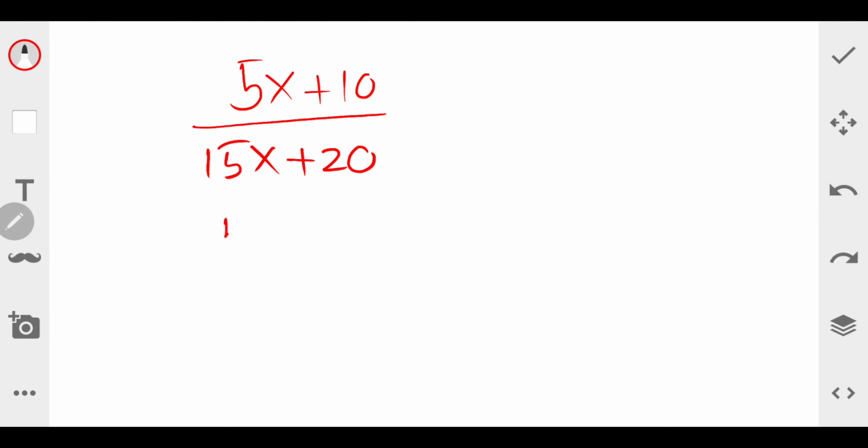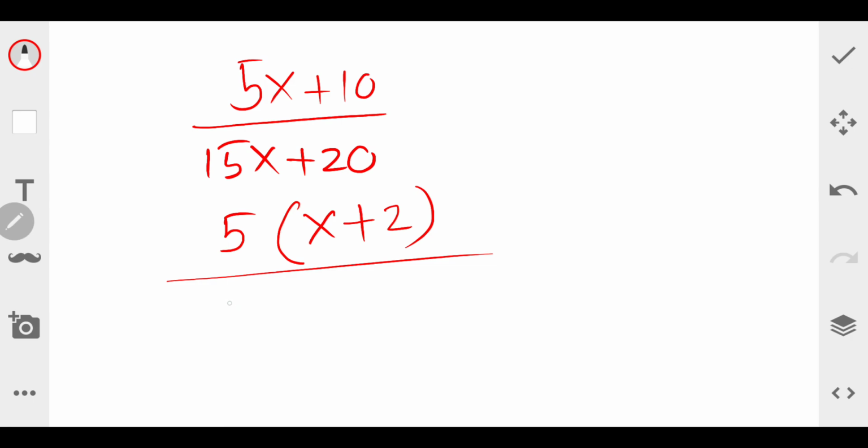So let's factor 5x plus 10. If we do that, I'm going to get 5 times x plus 2. And if I do this, I'm going to do 5 times 3x plus 4.